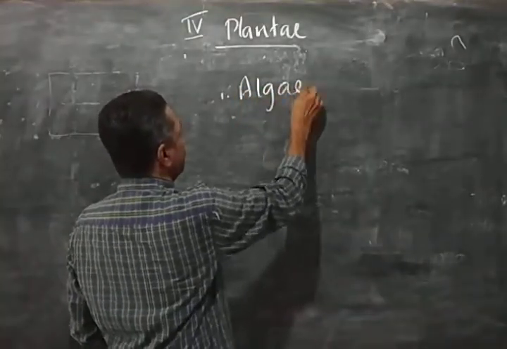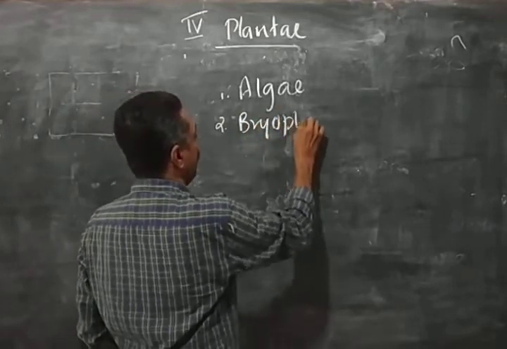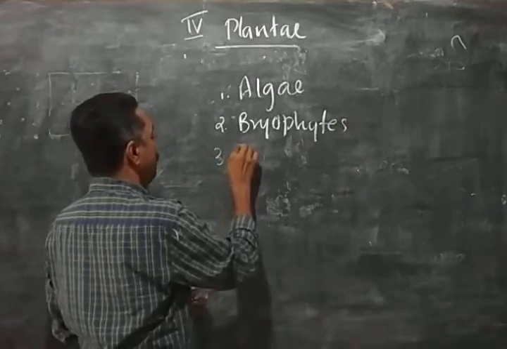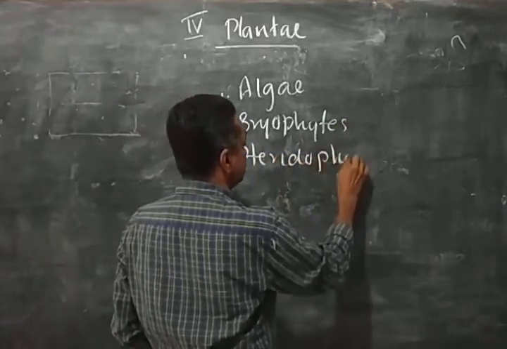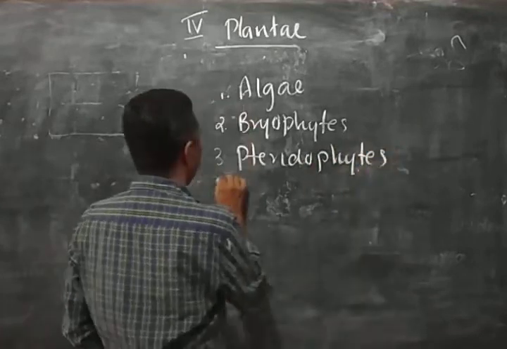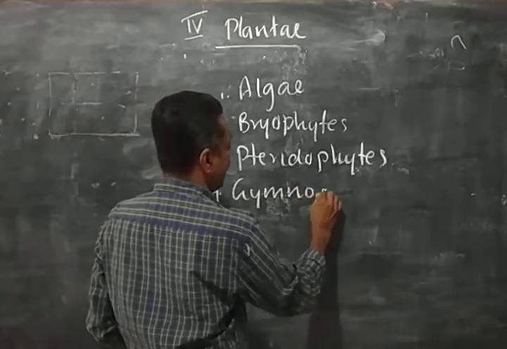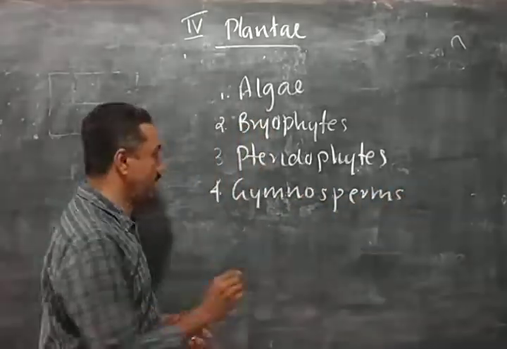Algae, the second group called bryophytes, the third group called pteridophytes, and the fourth group called gymnosperms. We can study the details later on, don't bother about that.